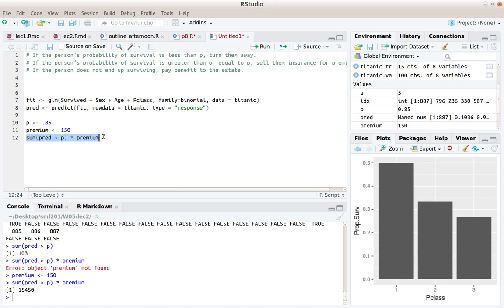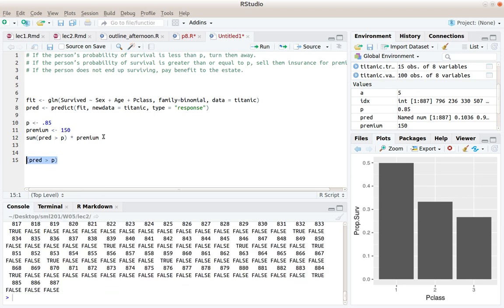Now, how much are we losing? In order to know that, we need to compute the number of people who we did not turn away, but who did not end up surviving. How would that go? Well, the trues correspond to all the people who we sold insurance to. If there is a true, we sold insurance to this person. The second part is that they have to not have survived.